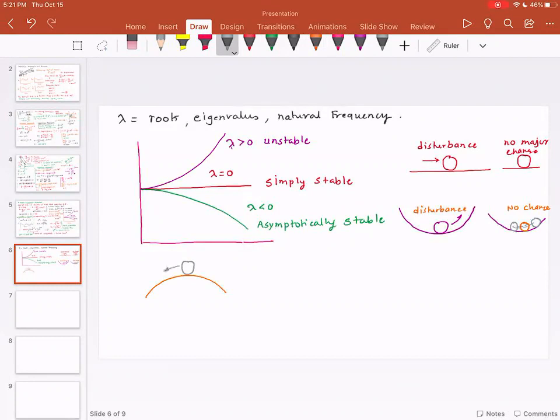If you displace the ball, the ball goes and never comes back. So with a disturbance, this is unstable.